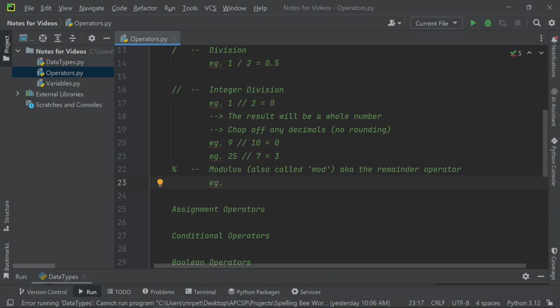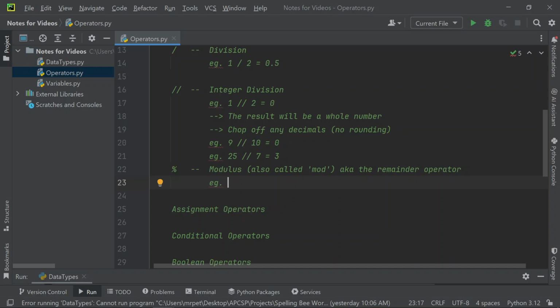For instance, if we take 20 and divide it by 6, well, 6 goes into 18, right? That's the closest multiple. That doesn't become greater than 20, but we have 2 left over.